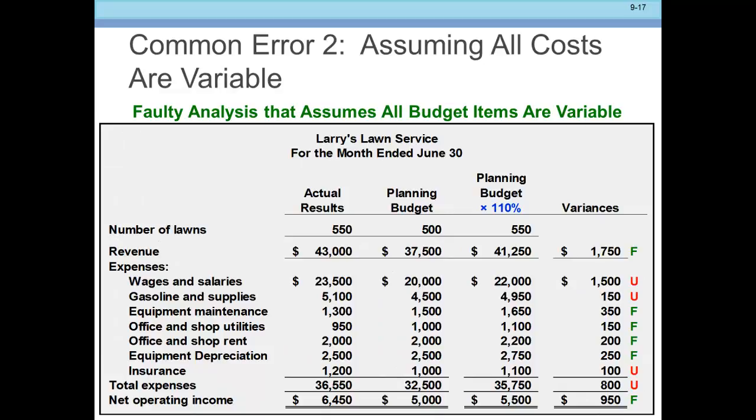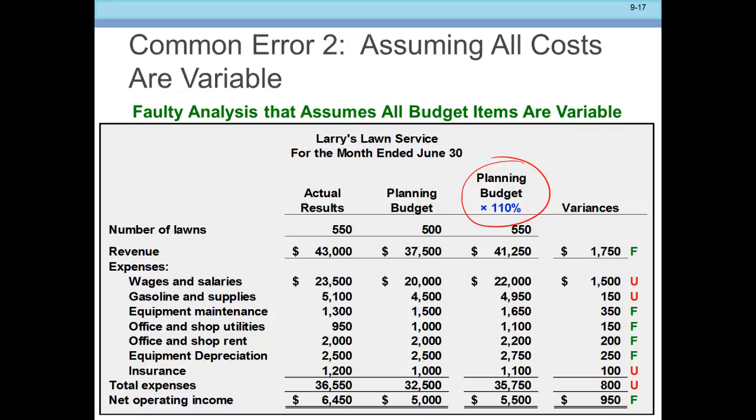The second common error is to compare actual results to the dollar amounts in the planning budget multiplied by the percentage increase in activity level. This approach assumes that all costs are variable with respect to changes in activity level.